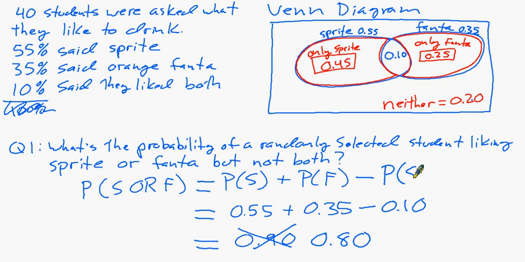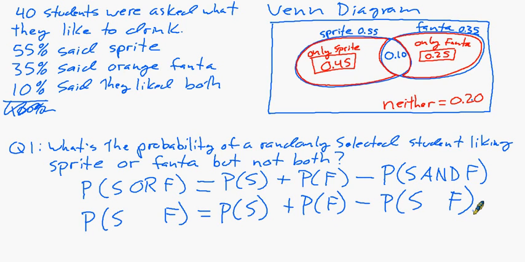Well, that's the Sprite and Fanta, because it's both. So this is the modification that has to be done to the addition rule for an OR when it's a joint event, because there's overlap. We have to get rid of one piece of the overlap.